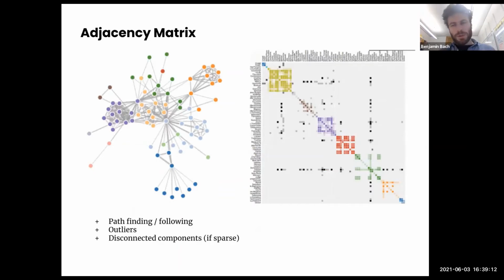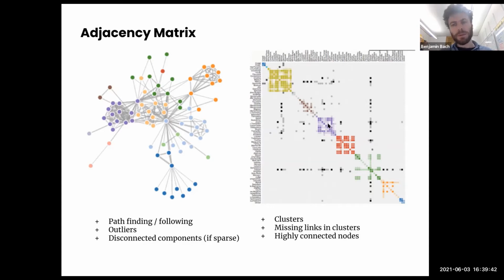Now, of course, matrices are not the best visualization for networks. It's always complementary to other visualizations. For example, they are good for understanding clusters, for finding missing links in clusters, for finding highly connected nodes, and for estimating the edge weight, which we have encoded by the transparency here.